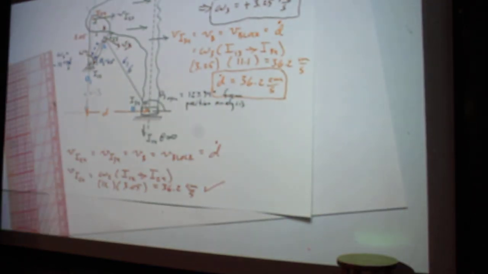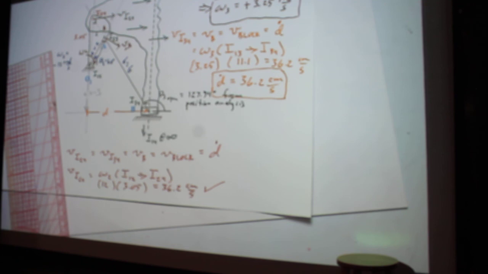Because it's undergoing pure translation, no rotation, pure translation. Okay? So that 2,4 is an indicator of what that block is doing, because it belongs to the block. All right? So that's how that works.